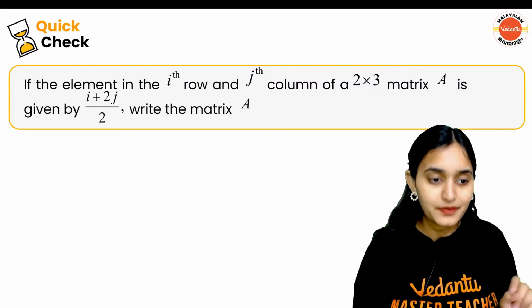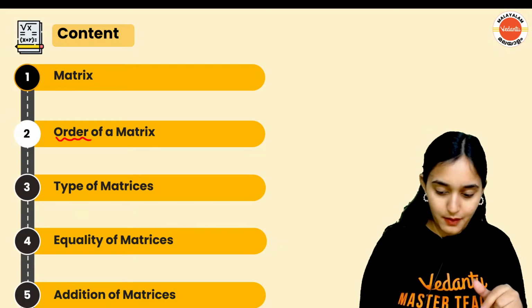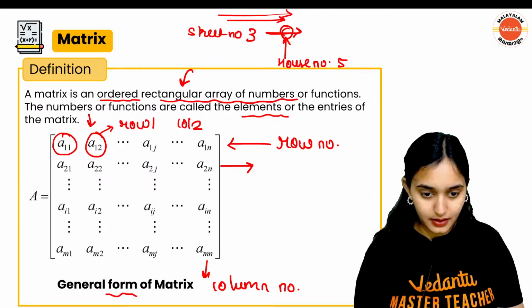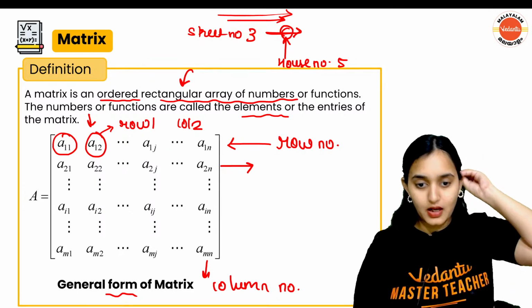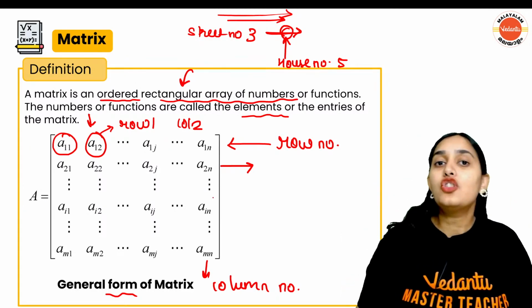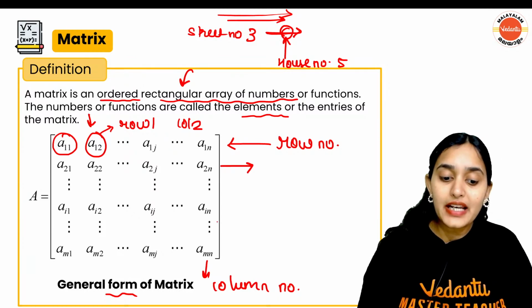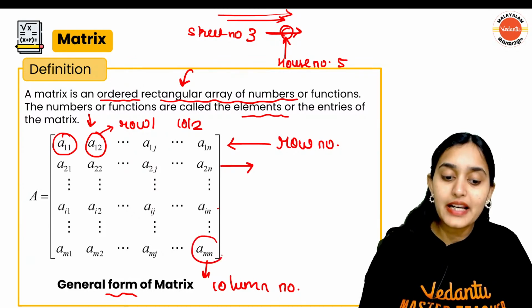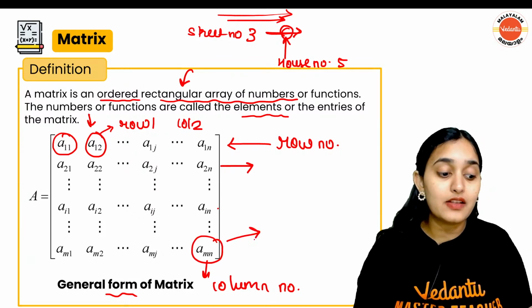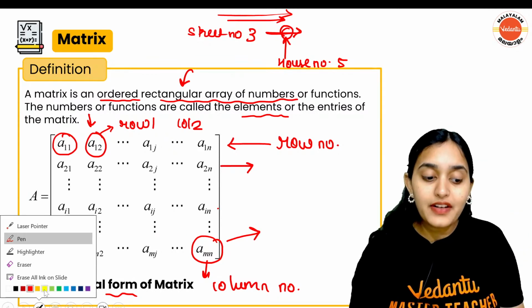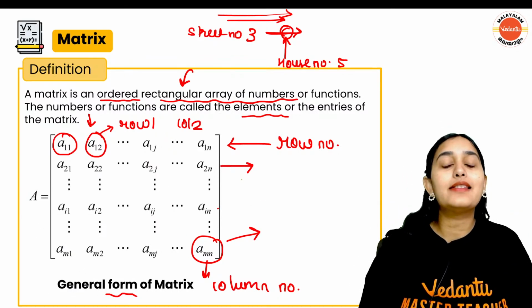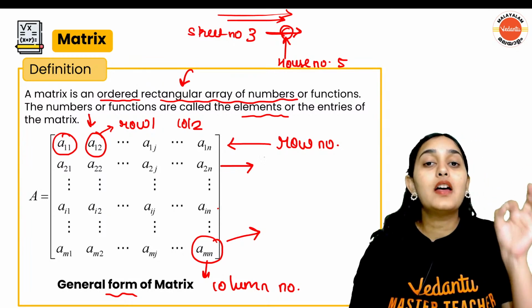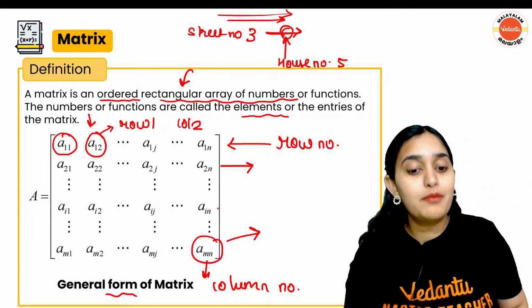Clear? Okay. Now, I want to tell one more thing here, but I don't have space. I'll write down here. So generally, every term of a matrix, please note down carefully, every term of a matrix is denoted by the row number and the column number.